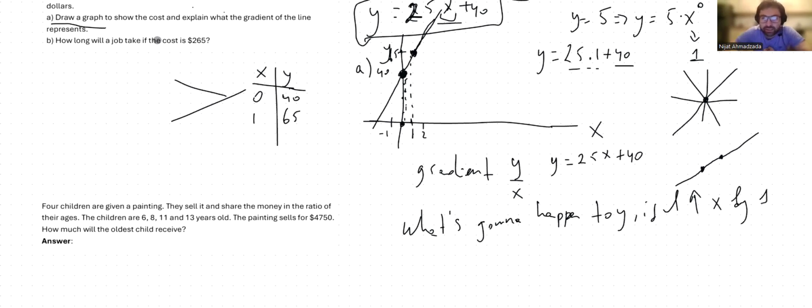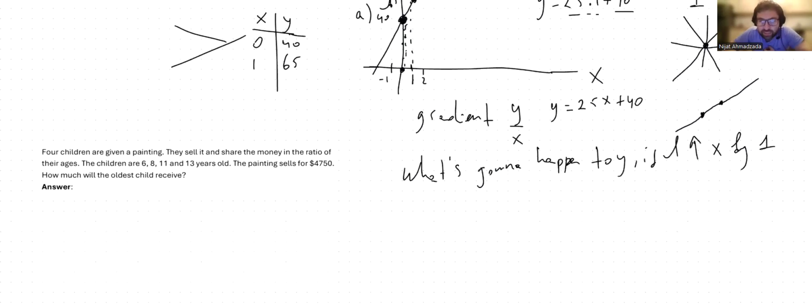Okay? So let's check it out. So when x is 0, y is 40. Now I am increasing x just 1. So from 0 I go to 1. What's happening to y? Y is increasing by what? So when x is 1, y is 65.